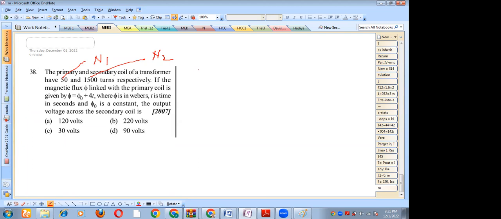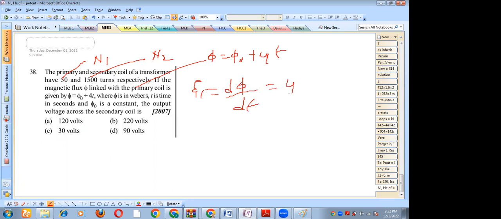So we know that the flux of primary is given. You can say phi 1 is given. Phi is equal to phi naught plus 4t. So we can calculate even the EMF associated with the primary. How will that be? d phi by dt. So from here, what will you get?